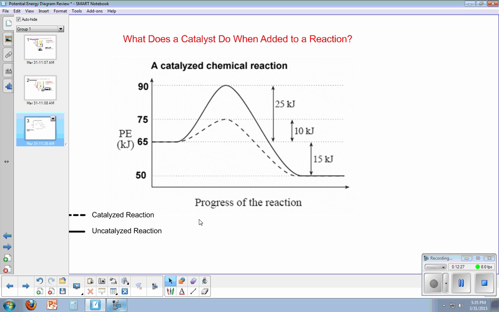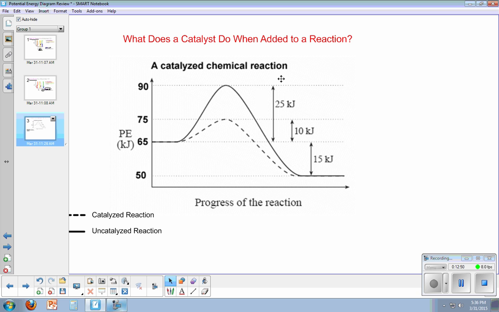So normally, remember we said activation energy is how much energy this reaction needs to occur. Notice there's no actual equation here, but we should know that our reactants are represented first and then our products. We, again, assume forward if it doesn't mention reverse. So normally, I would have to gain from 65 to 90, which is 25 kilojoules. And notice how the arrow for that is over here.